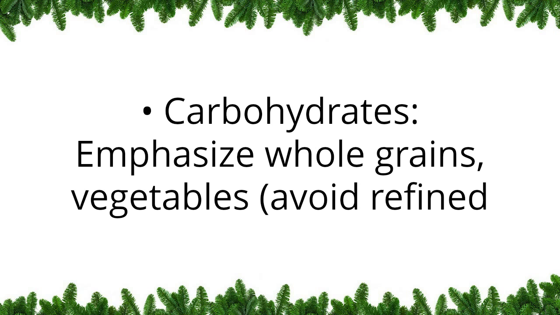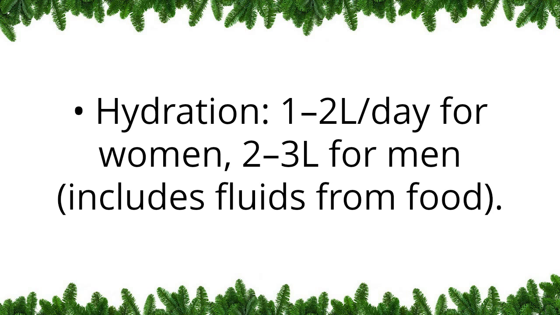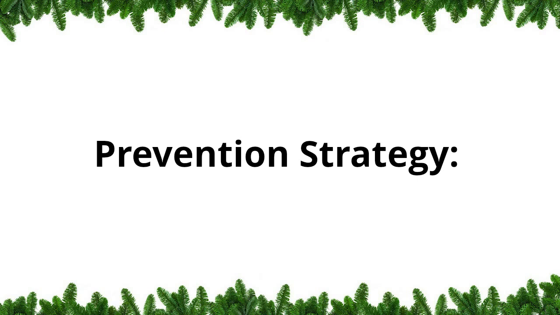Okay, so dehydration is one of the conditions that we see in the elderly. I would want to say that 1 to 2 liters for women, encourage them to drink that much water. And then for males, that is 2 to 3 liters. This also includes the fluids that may be taken in the form of food. So this can help prevent dehydration that we see in the elderly.